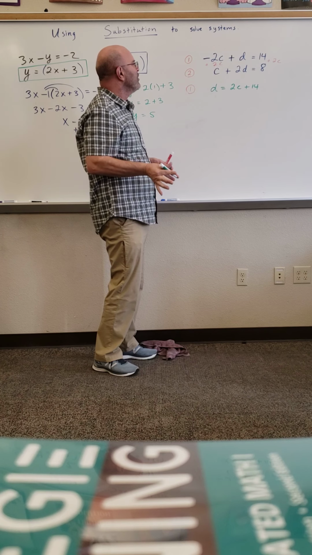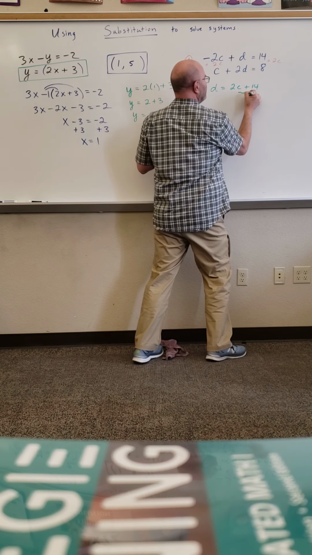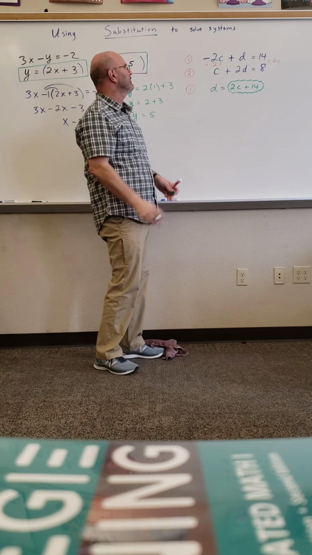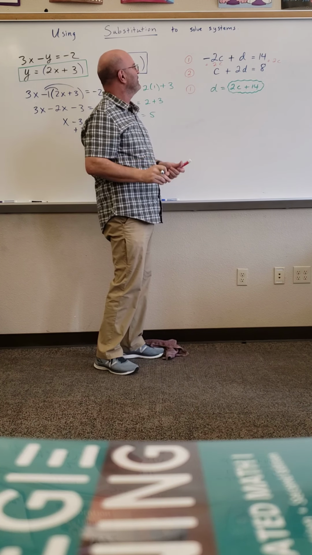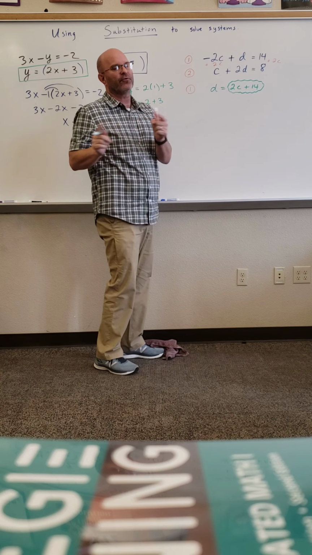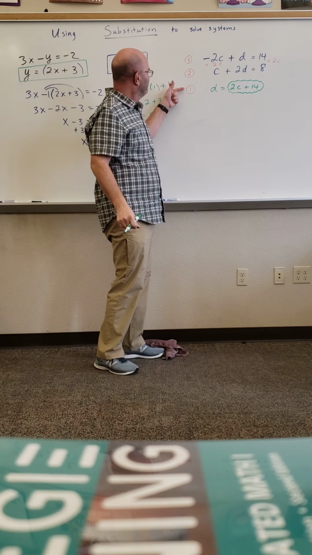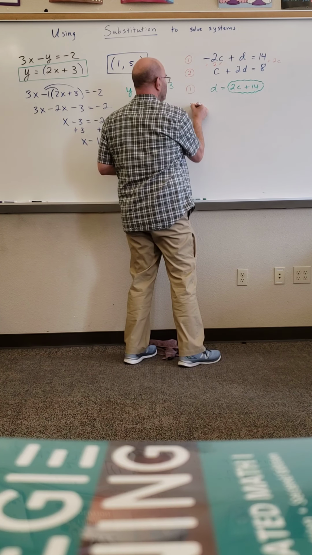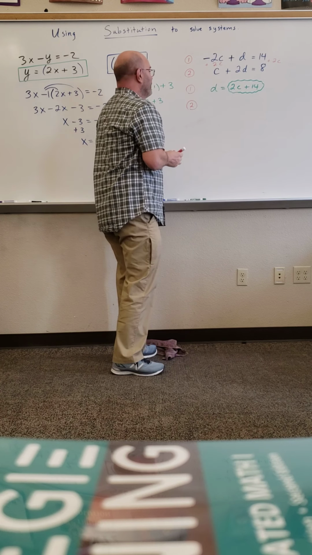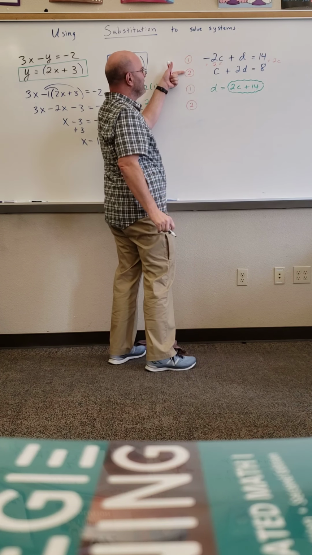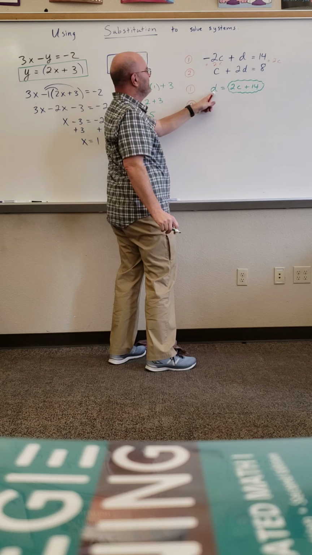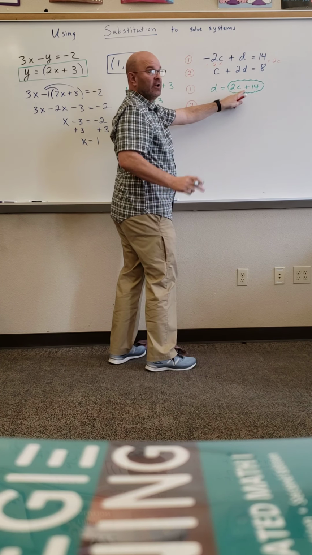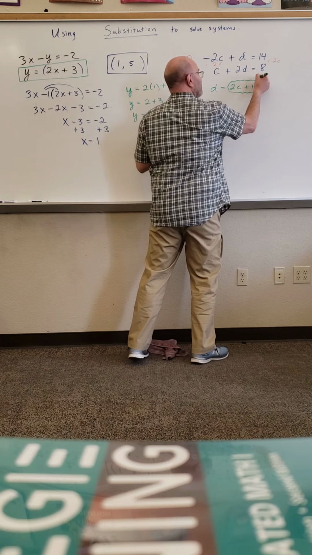Okay, so now I know that d is equal to this stuff, which I'm going to put a little squiggly circle around. The substitution has to go to the other equation. Notice that this is equation 1. The substitution must go into equation 2. So now I'm simply recopying equation 2, but with d replaced with 2c plus 14. Notice we're going to be using parentheses again.